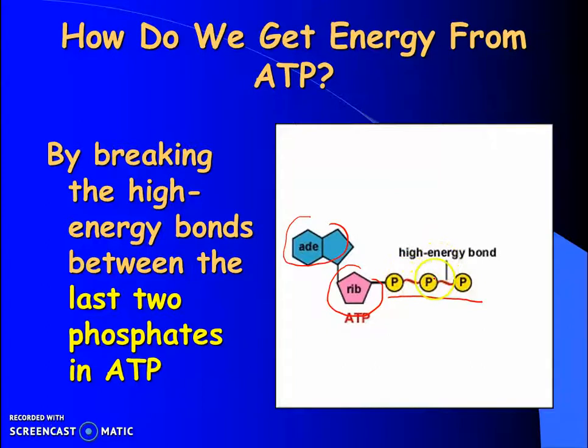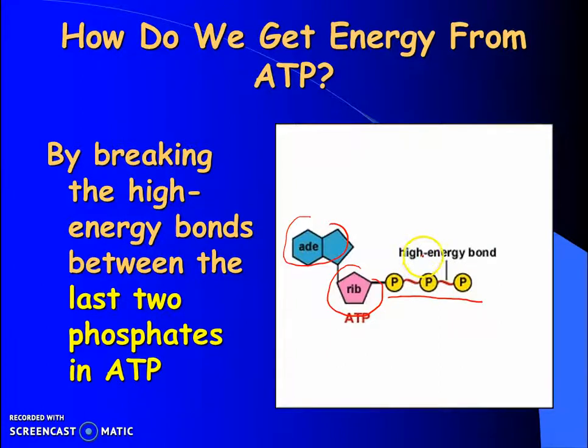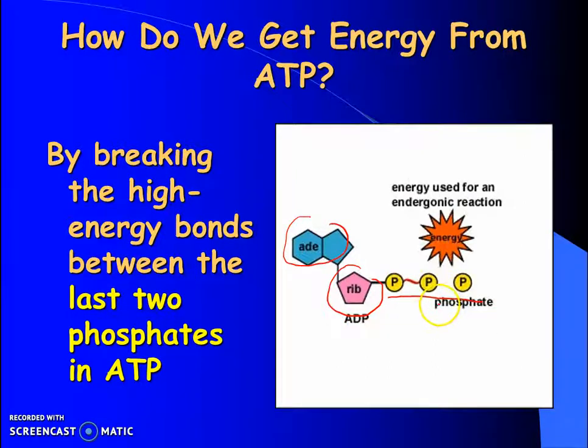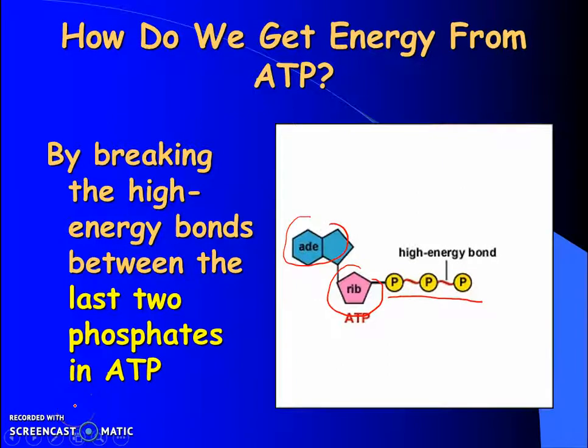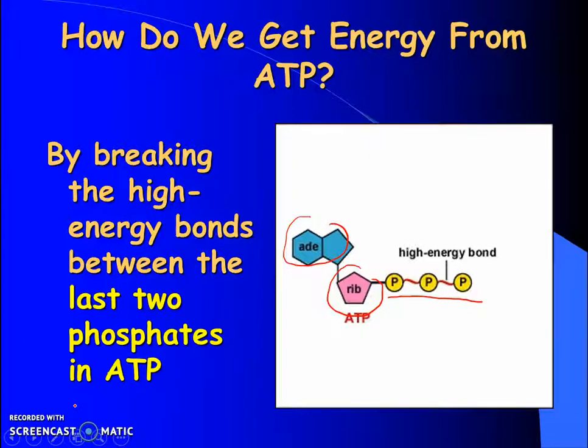These phosphates are joined with each other with high energy bonds, and how are these broken? By hydrolysis. If you remember from polymers, big polymers are broken down into small monomers or small segments by adding water, and that process is called hydrolysis.